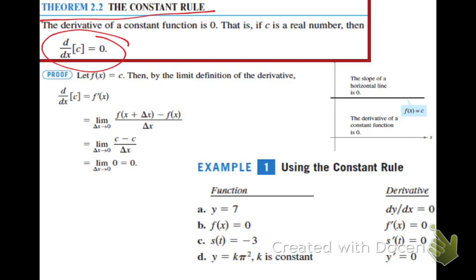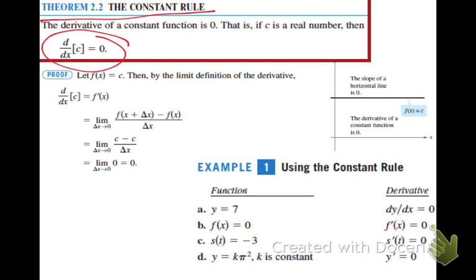Okay, so I have the derivative of c, some constant. We have the slope of the tangent line, the derivative with the difference quotient that we used for the last 3 days, yes? So there's nothing to plug in there. So I have the limit of a constant minus the constant over the change of x. It's 0 over the change of x, which is just what? 0.